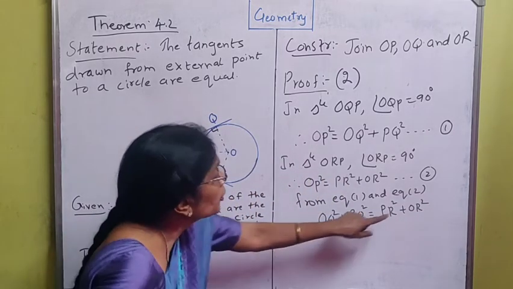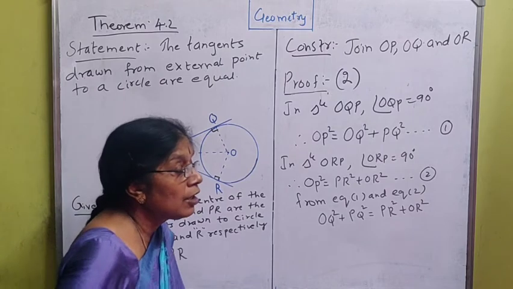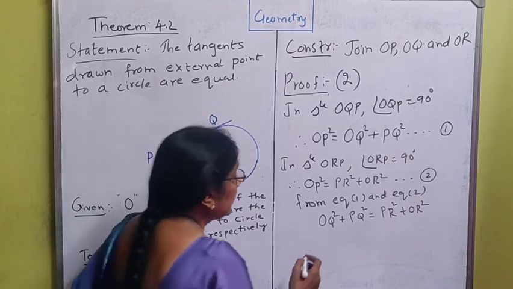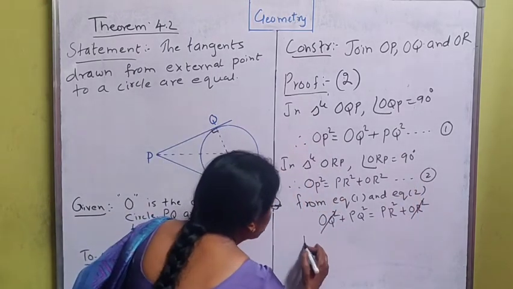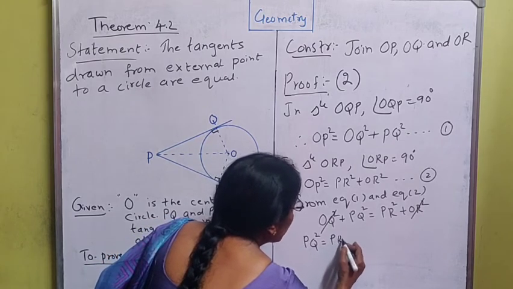See OQ and OR. What are OQ and OR? OQ and OR are the radii of the same circle. So both will be equal. So both will get cancelled. So what is remaining? PQ square is equal to PR square.